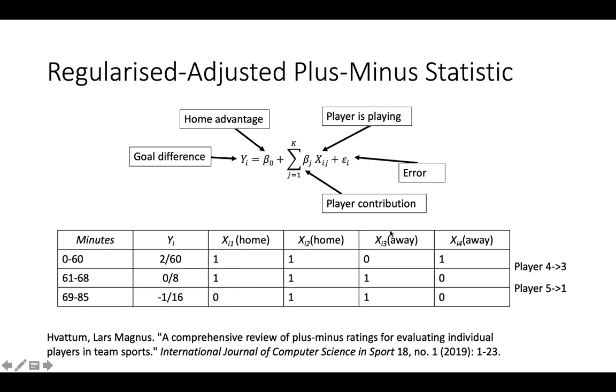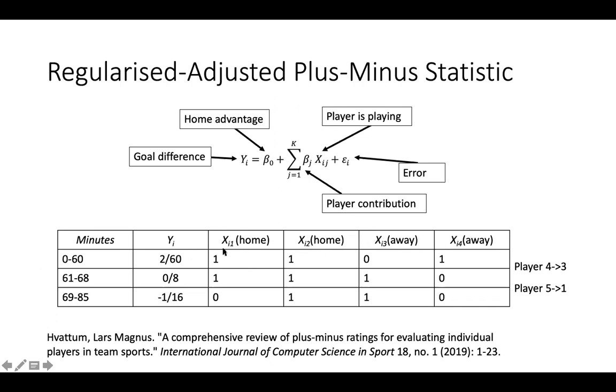This would be a data frame in Python, for example, where you'd have the minutes played in the particular segment of the match. So this might be the first 60 minutes of the match. And during that time, the home team scores 2 goals. So you have 2 divided by 60 as the y_i, that's the goal difference. Then I've just listed 4 of the players, 2 of them for the home team, 2 of them for the away team.